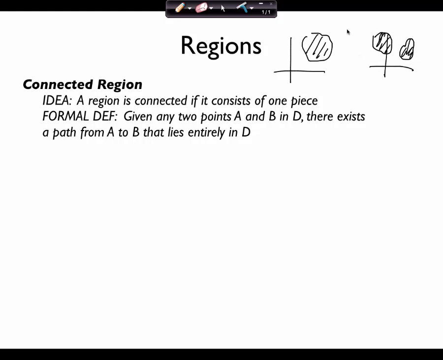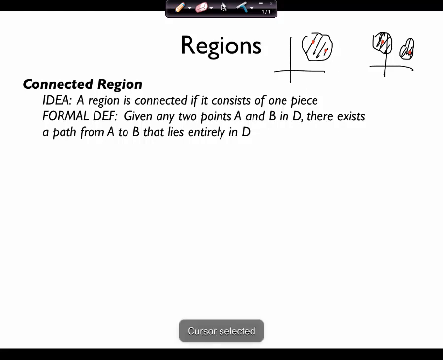Formal definition: given any 2 points A and B, there exists a path from A to B that lies entirely in D. So if I pick any 2 points in a connected region, there's got to be a path from one to the other that stays inside, for any 2 points. But if it's not connected, then I could pick this for A and this for B, and obviously I can't get from A to B without leaving the region. Non-connected. So that's connected and non-connected regions.